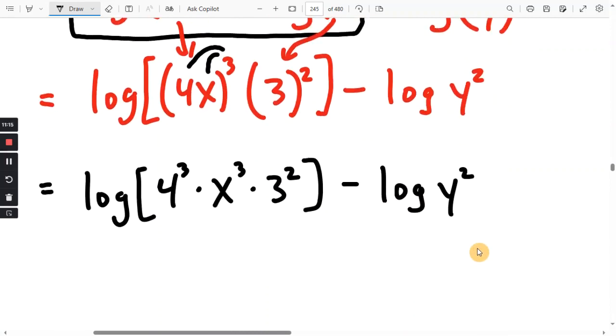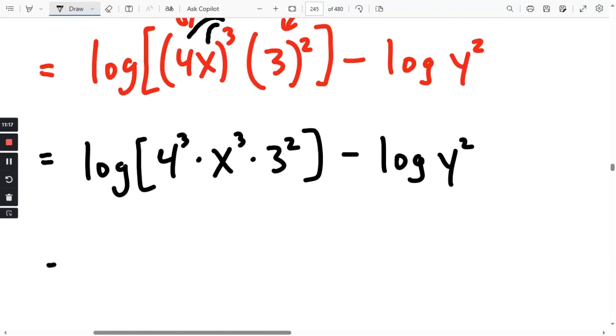And now we can clean that up. Let's see. We have the log. All right, 4 to the third is 64. Three squared is 9.